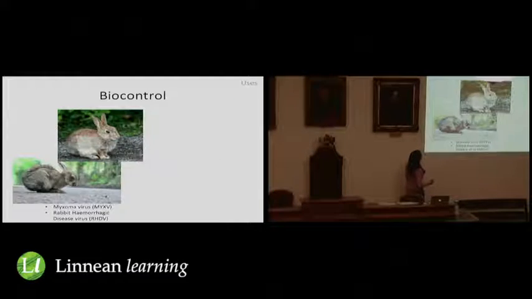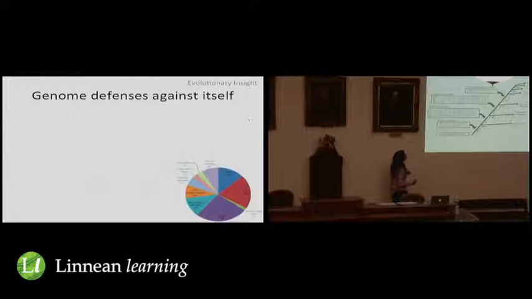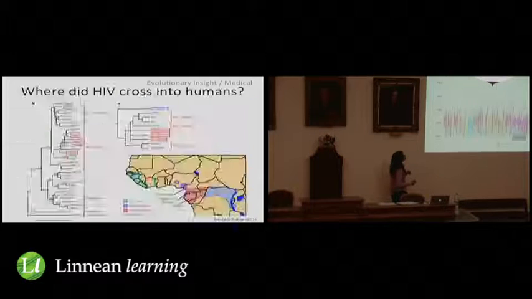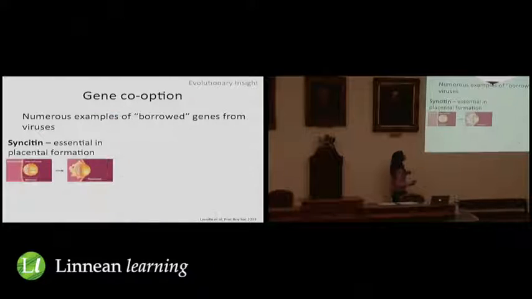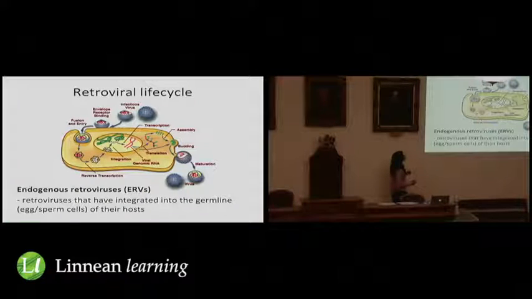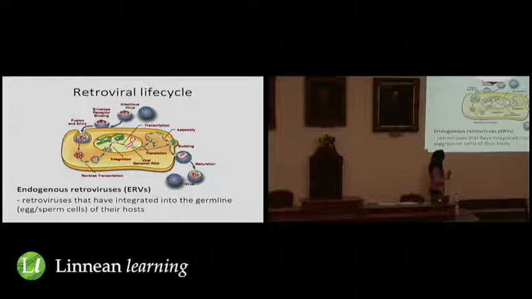So if we go back to this slide, the essential part here is the integration of the viral DNA into our genome, which is the green stuff. Now, with the other viruses, they need to gain entry into the cell, but they don't actually have to integrate their DNA into the host genome to be able to reproduce.